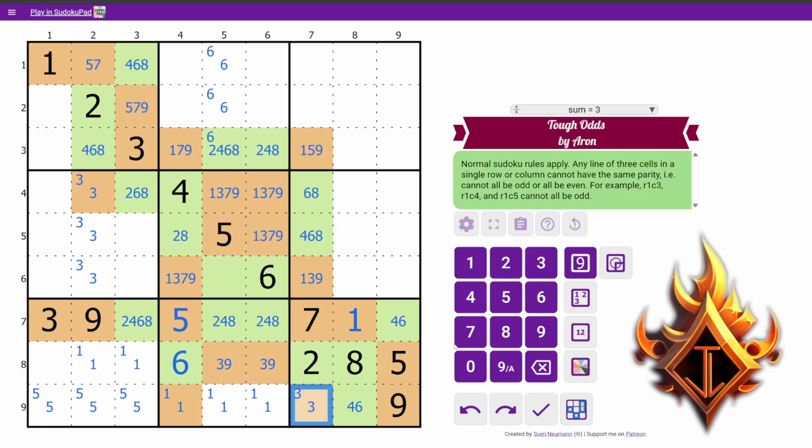So this one gives the 3. It is now a 1 or 9 only. One cannot go there. Could be here, else it goes there or there, which would be fine.